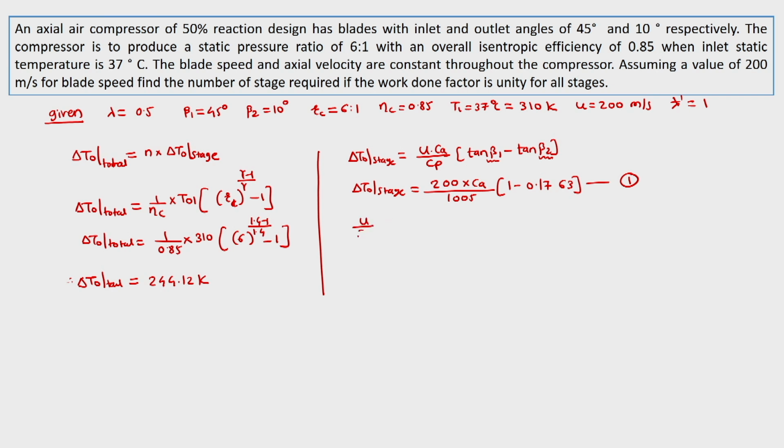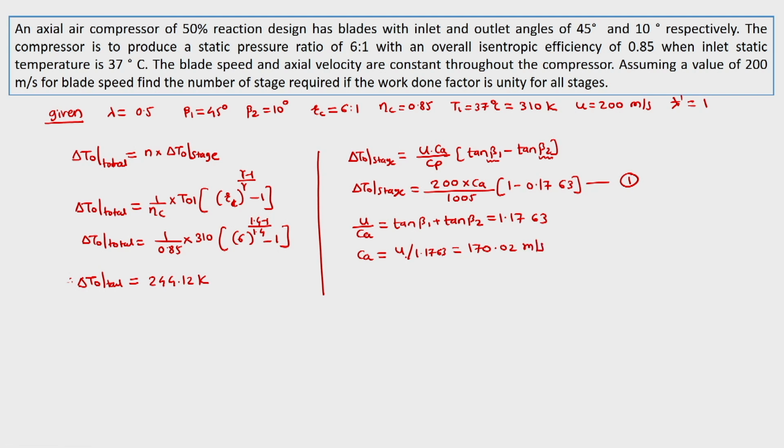We know that U upon Ca is equal to tan of beta 1 plus tan of beta 2. So that is equal to 1.1763. We know U is equal to 200, so Ca is equal to U divided by 1.1763. So Ca becomes 170.02 meter per second.